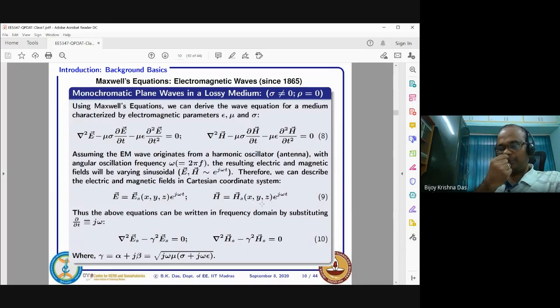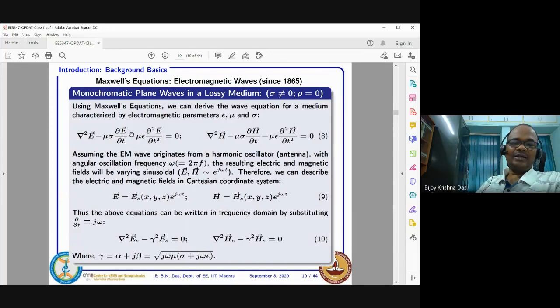Now, we will simplify equation 8 using 9. Why? Because in this equation 8, you have a time dependent part. First order time derivative and second order time derivative here.